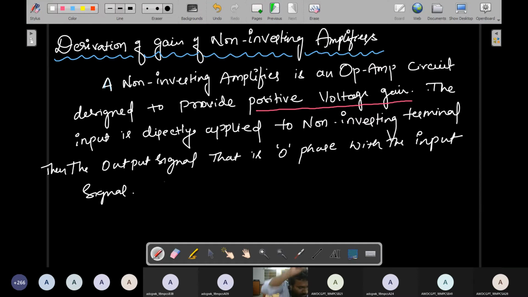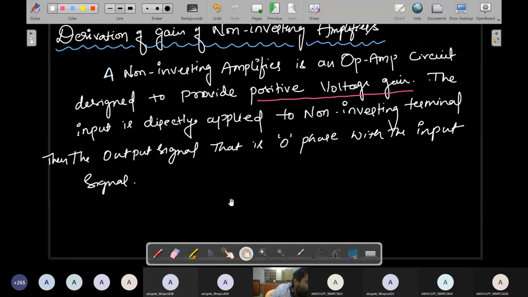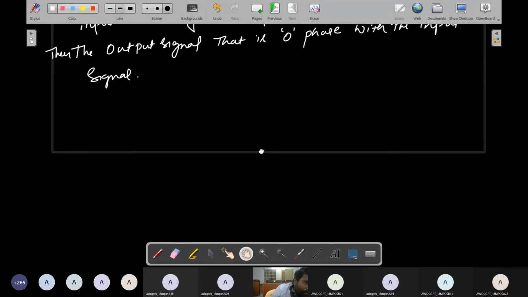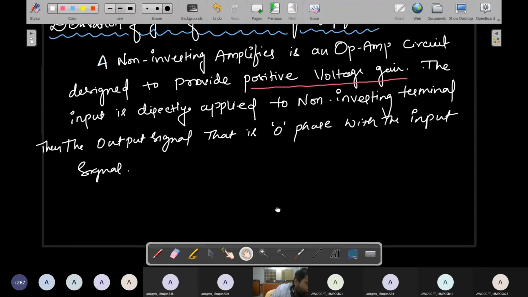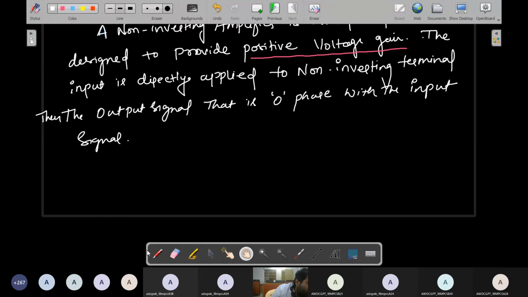So let us draw the circuit. Let us draw the operational amplifier diagram. Please note everybody.